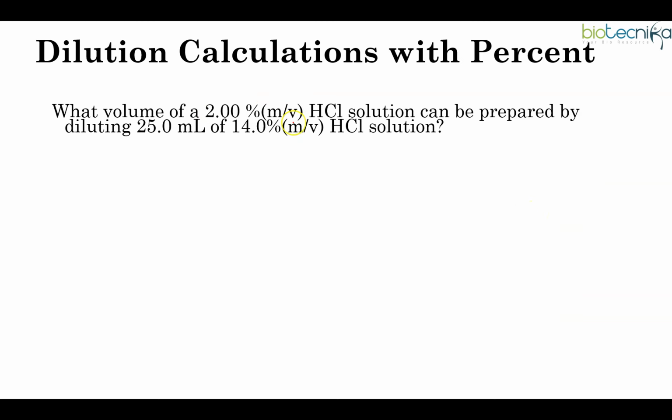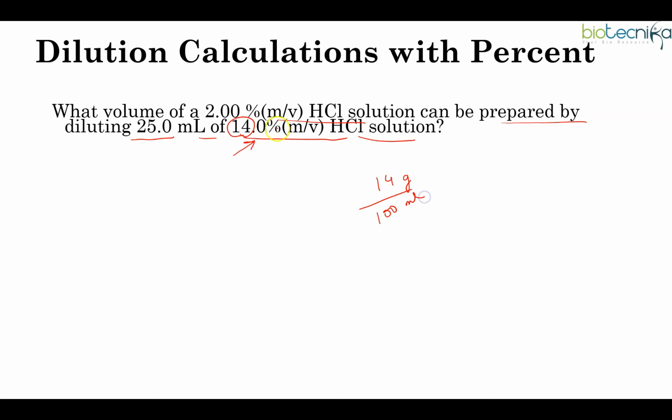Now, what volume of a 2% HCl solution can be prepared by diluting this much ml of 14% HCl? Whenever you have such questions, you need to know initial and final. The initial will always be the higher concentration, because here you have more amount of solute, so we will have 14 grams per 100 ml.